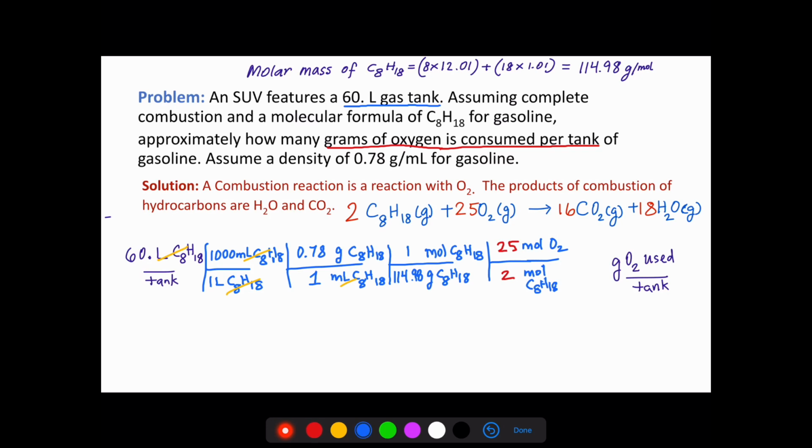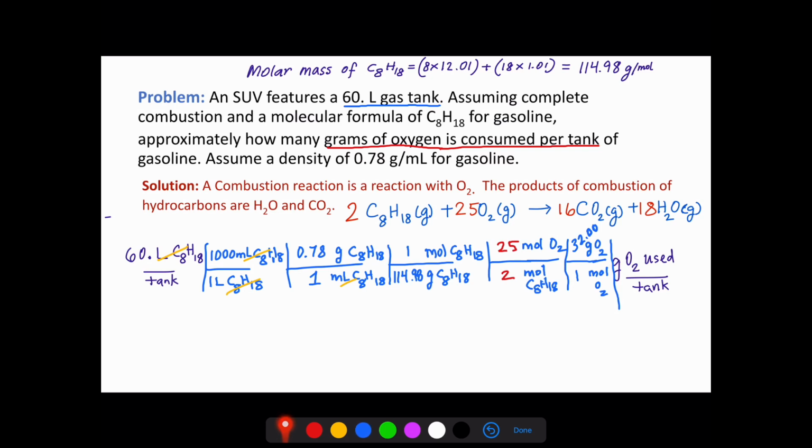Okay, now our last step is to convert moles of oxygen to grams of oxygen using the molar mass of oxygen. And the molar mass of one mole of oxygen will weigh 32 grams. So I'm going to put 32.00. We use molar masses at least up to 2 decimals.